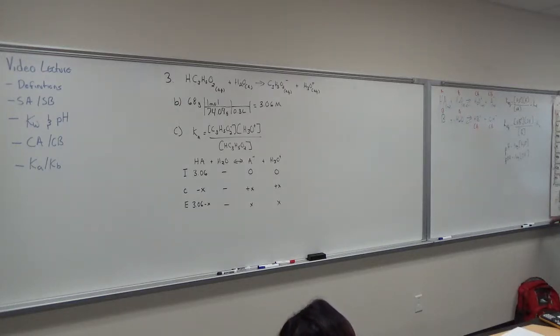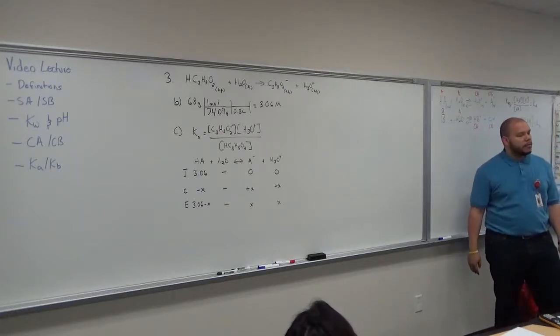Everything else from here is mathematics, for the most part. This is the chemistry of acid-base. Can you write the reaction? Can you calculate concentration? Can you write the expression, fill in the ice table? Everything else from here is math.